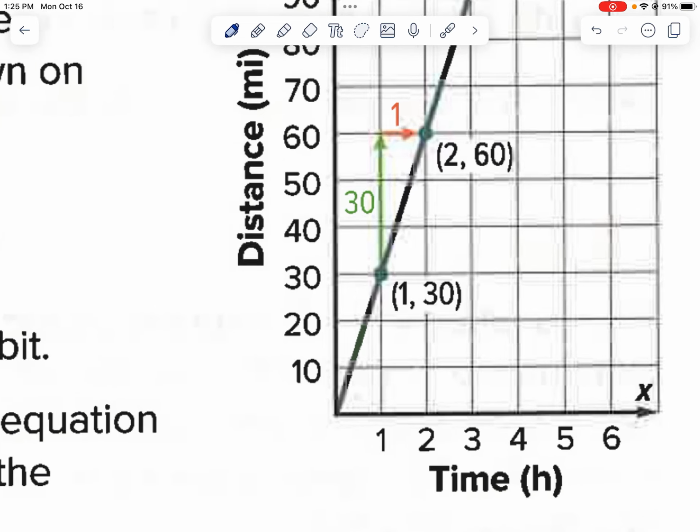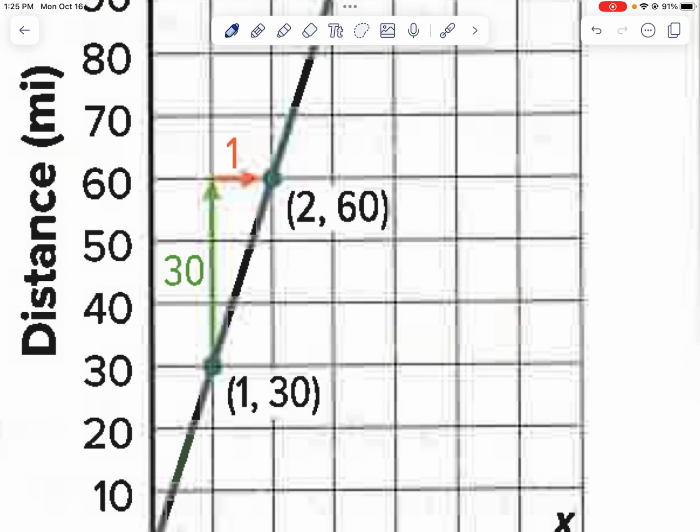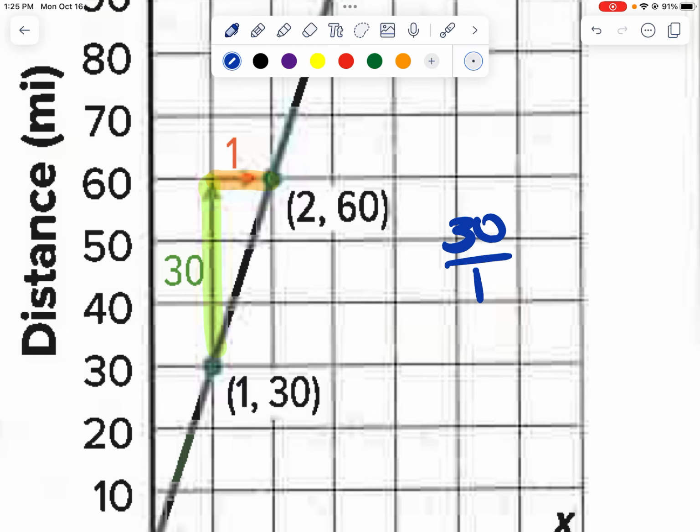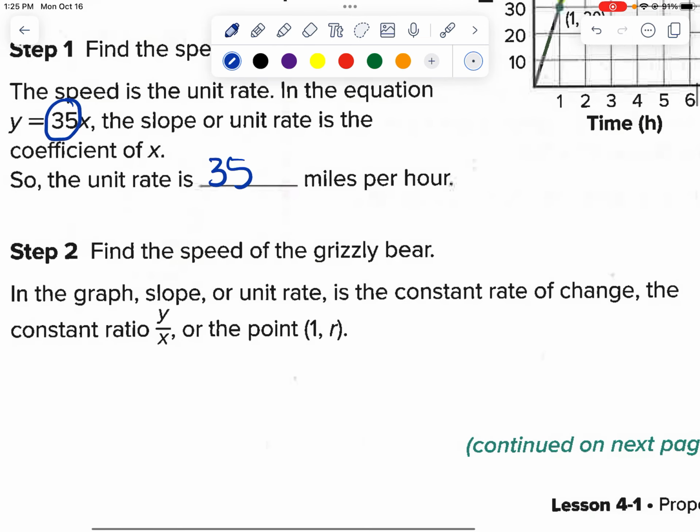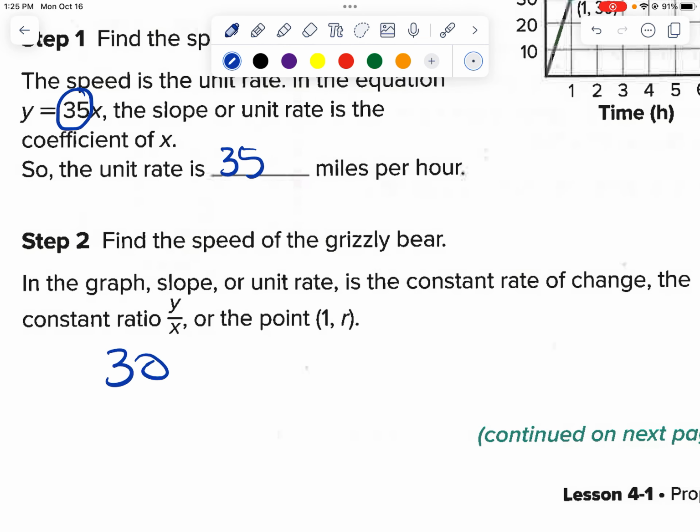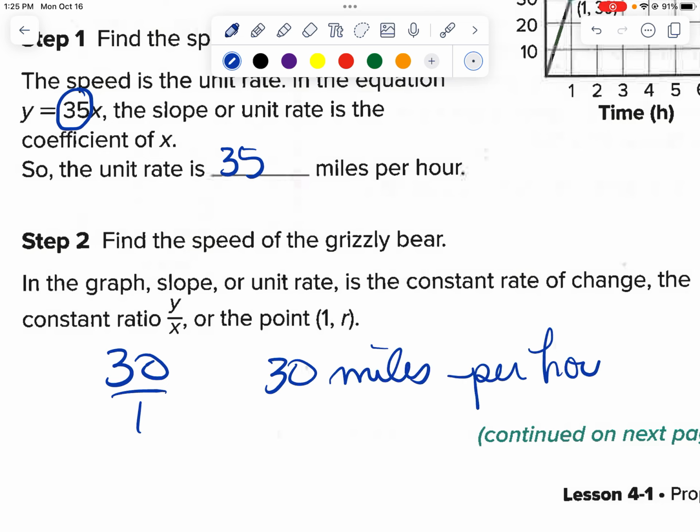For the grizzly bear, however, we have to look at how much did it go up. It went up 30. How far did it go over? It went over 1. So 30 over 1, which is 30 miles per hour.